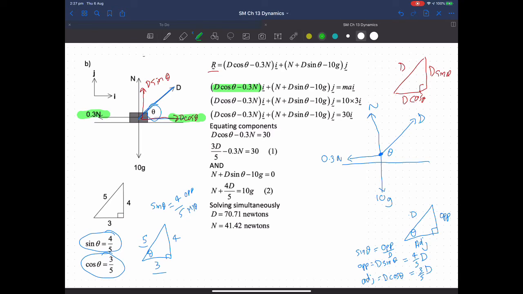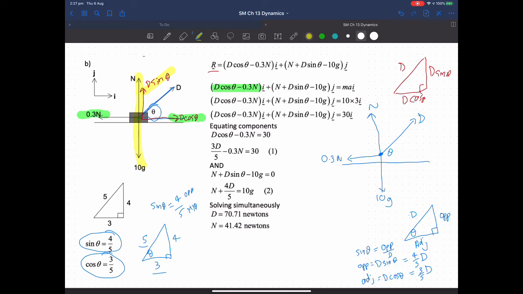Now I'm going to consider the vertical direction. In the vertical direction, there are three forces. Going down, so negative 10g. We have the normal reaction going upwards, so positive N. And because we resolved vector D, we have the D sine theta also going upwards.